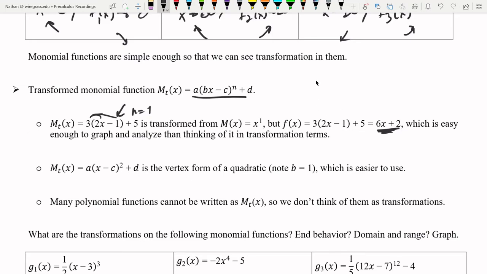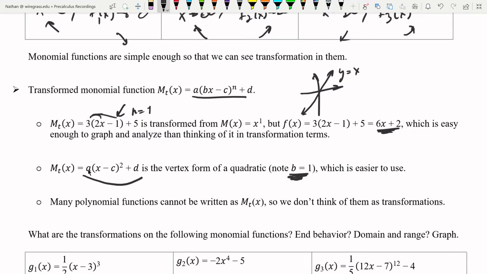Of course, the linear parent function is just y equal to x. That's just this. So this is a transformation on this, but this is pretty easy to analyze by itself. And so looking at a transformation of a linear function is kind of pointless, in my opinion. And then for a quadratic, this is the vertex form of a quadratic. Because b equals 1 here, that's the important thing to note.